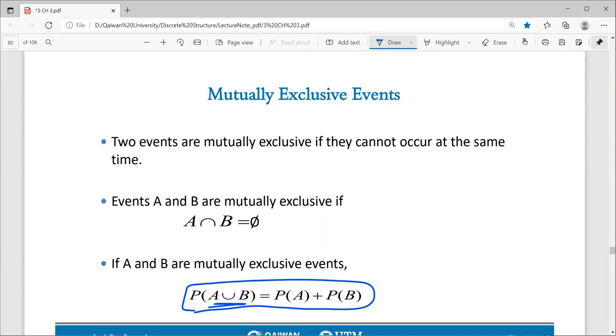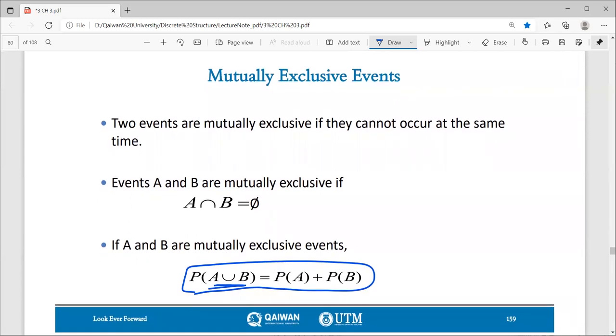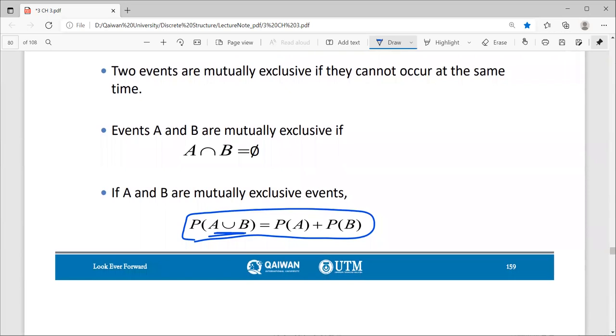That's why we use the above rule. But from now, we talk about problems which have 2 totally different events. We say the probability of A union B equals probability A plus probability B. We don't write probability A intersection B because it is an empty set, and the probability of an empty set is 0. If there is no common between the events, we apply this rule.